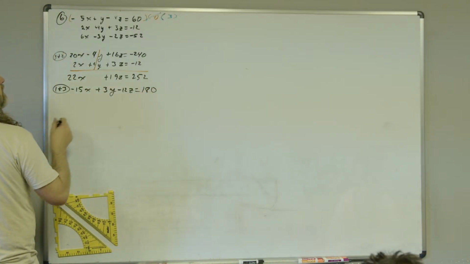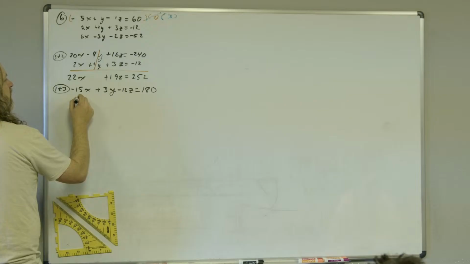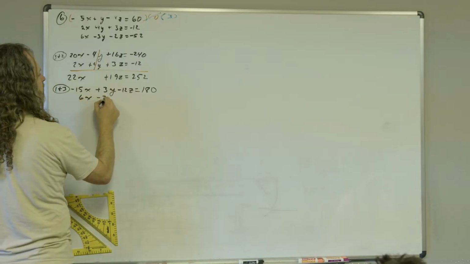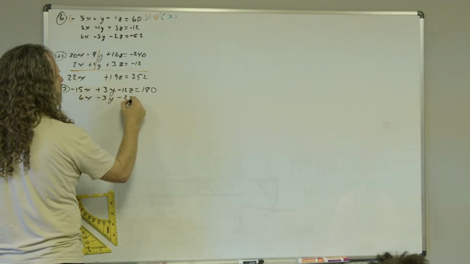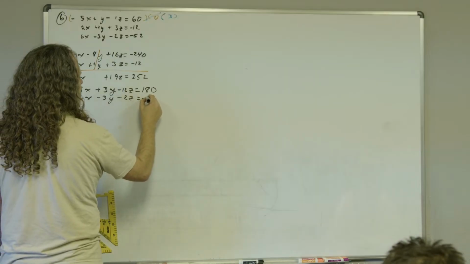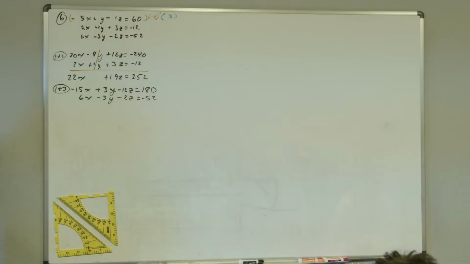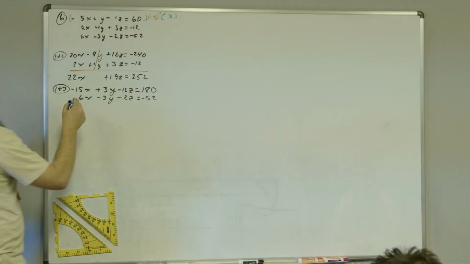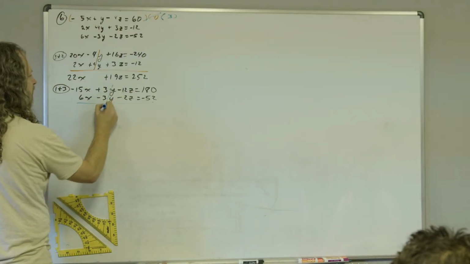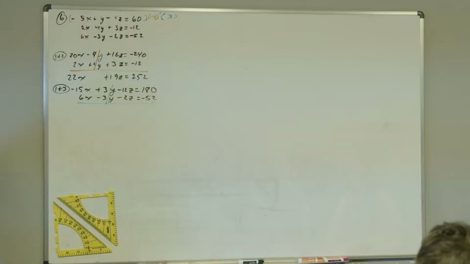Then write down that third one. 6x minus 3y minus 2z equals negative 52. We're going to eliminate once again. Y's go away, which is good. We wanted the y's to go away on both of them. If they didn't, we got a problem. So negative 15x plus 6x is?